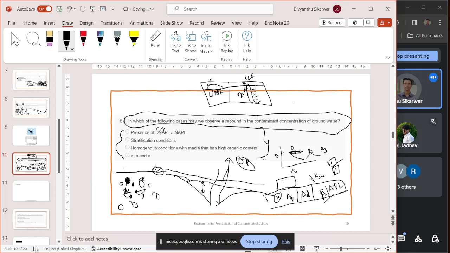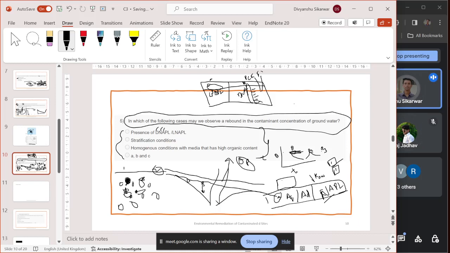So if I'm pumping water from here, let's assume I'm pumping out water and removing whatever dissolved concentration is present, have I removed all the contamination? No, because the settled down particles are not able to be removed.